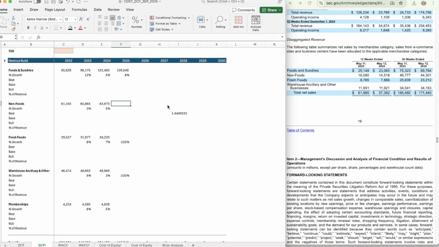So it's similar to what it was for the segment before. It was a similar ratio, 1.444. So it is all looking good for Costco so far in terms of revenue growth. I mean, these are quite high so far, 12% and 8%.